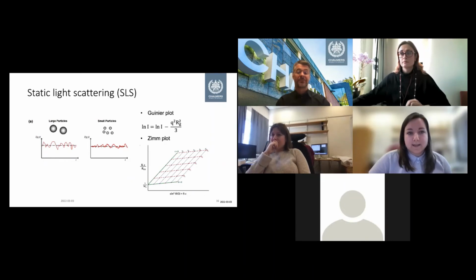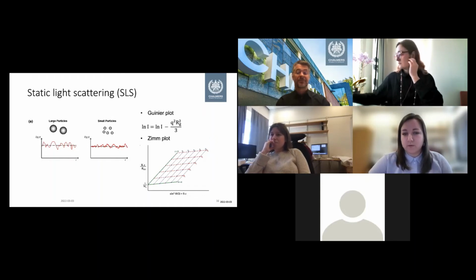Then static light scattering, instead, you just measure the intensity of the scattering, similar to SAXS. So large particles scatter much more intensely as compared to small particles. And there are multiple ways to treat the data. The most common ones are Guinier analysis and Zimm analysis.